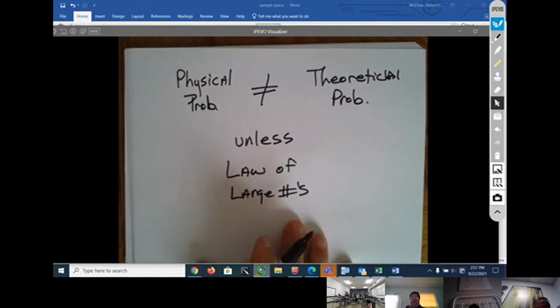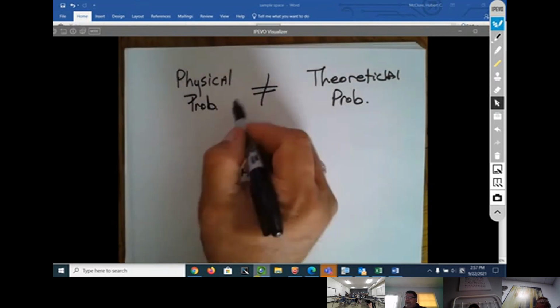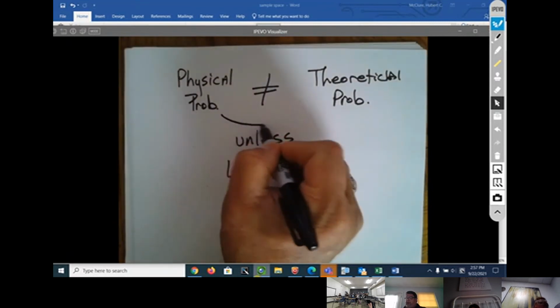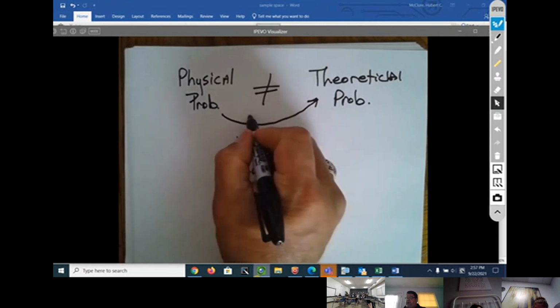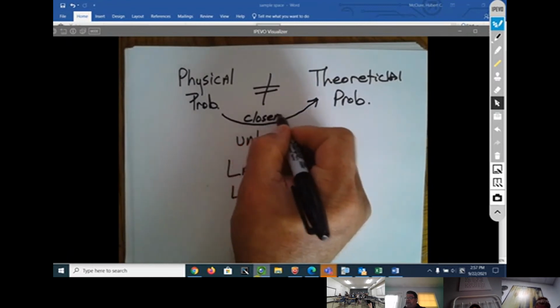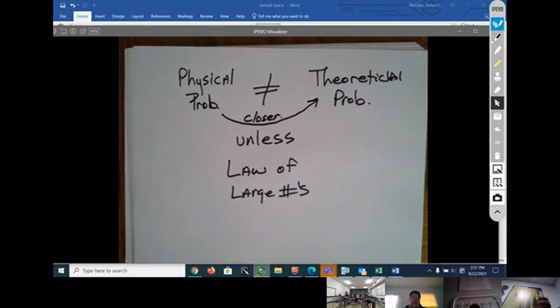And the law of large numbers brings the physical probability closer to the theoretical probability. That's a test question, so make sure you know that. The law of large numbers brings the physical probability closer to the theoretical probability.